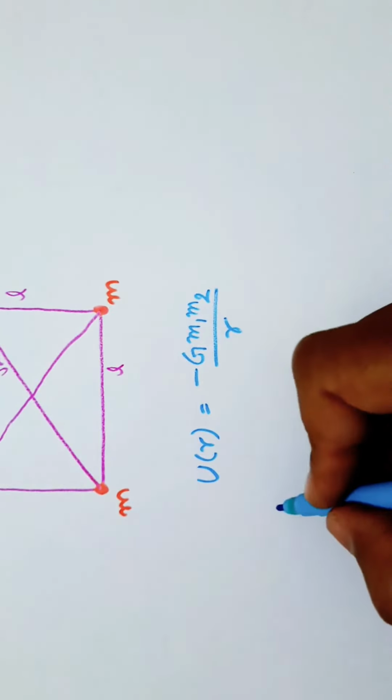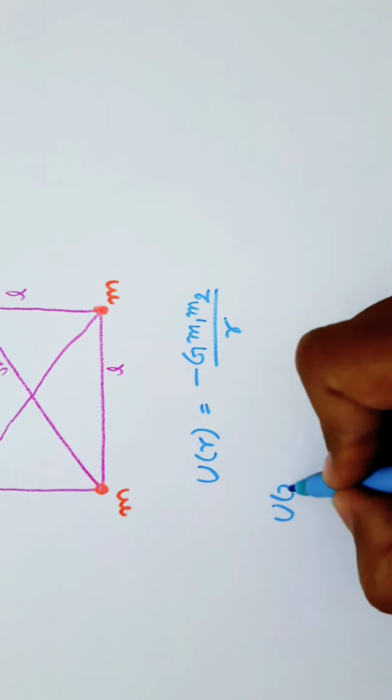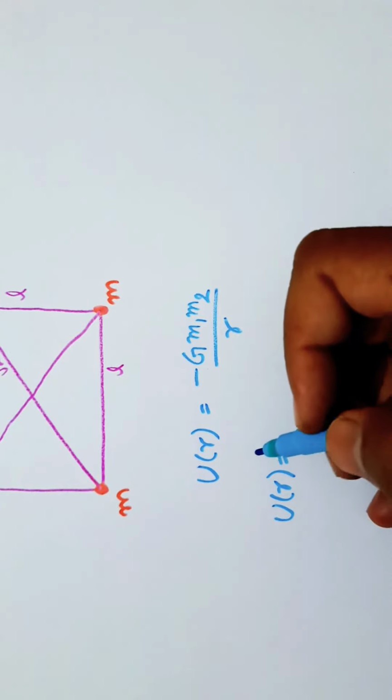So here potential energy U of R is equal to, how can we write?